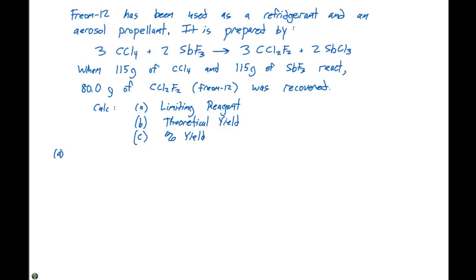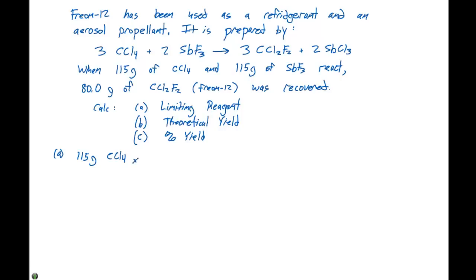So, in order to calculate our limiting reagent, or limiting reactant, we have to first start with the mass given for each of the reactants. So the first calculation is we're going to take the 115 grams of CCl4 and convert that over to moles of the Freon 12.